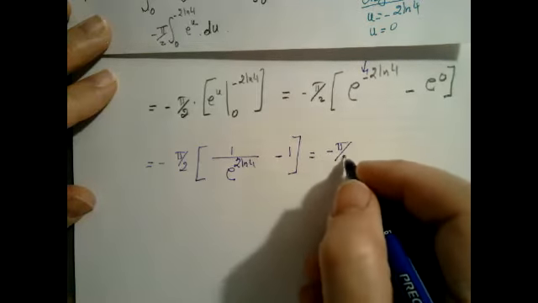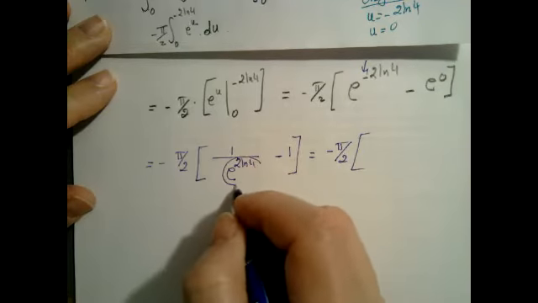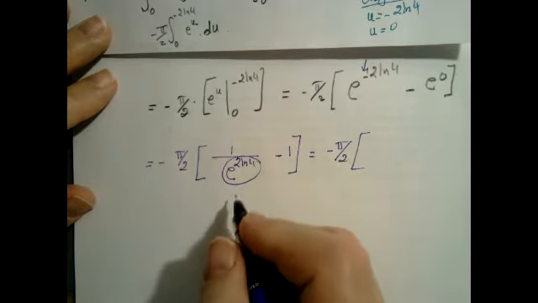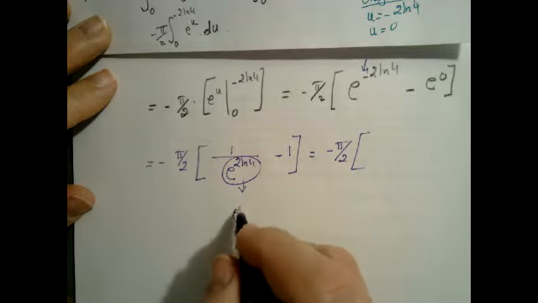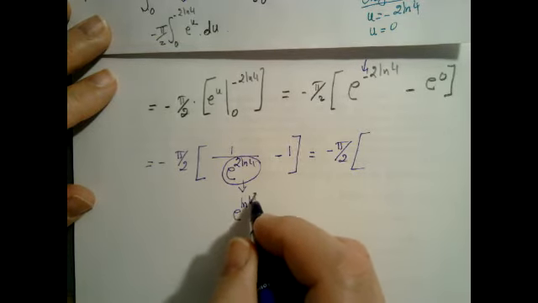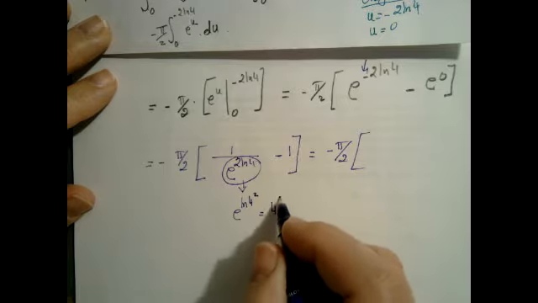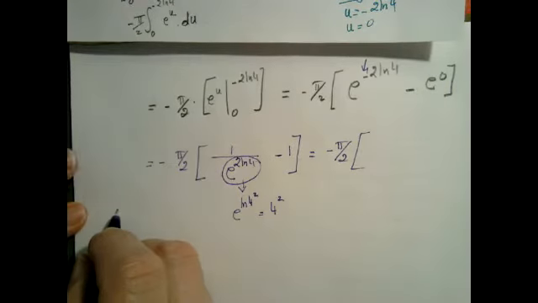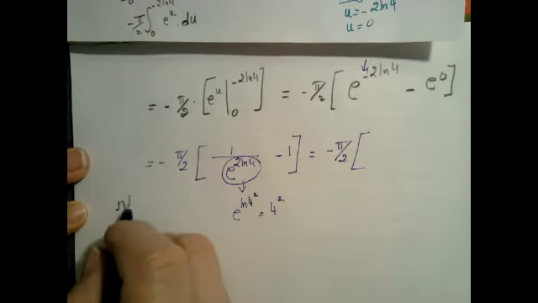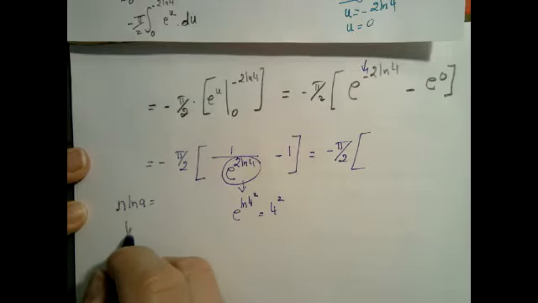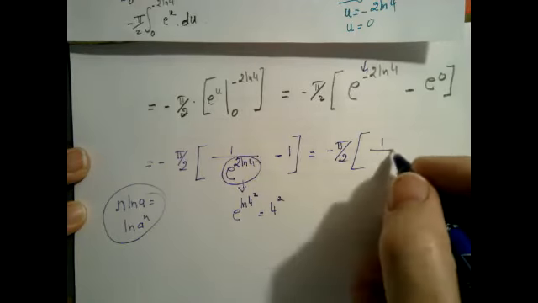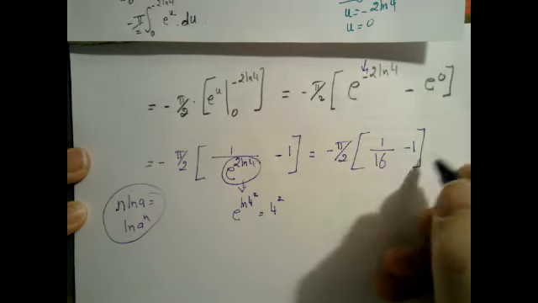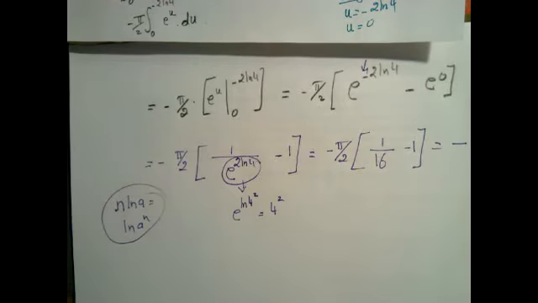Now, e to the ln of 4, you know, we can use a calculator, but we really don't need it. It's e to the ln of 4 squared. It means 4 squared. So I'm using the fact that you guys have seen n ln of a is ln of a to the n. So the 2, I can raise it up here. So finally, I will have 1 over 16 minus 1 equal, you finish the problem. Okay.